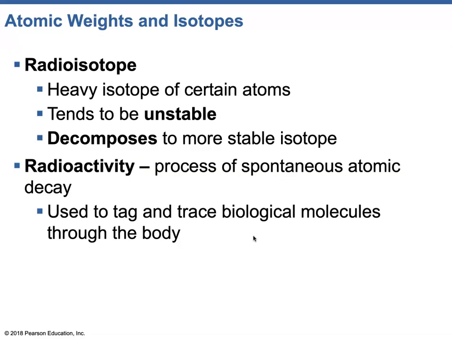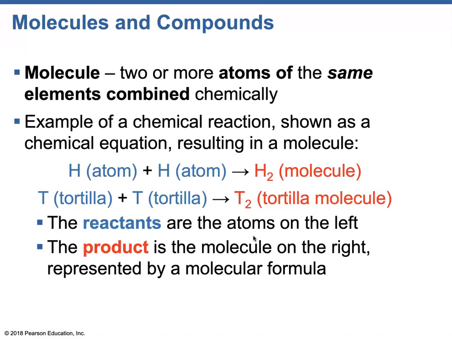So that's pretty much all I'm going to talk about with radiation and radioactivity. But with radioisotopes, I just want you to remember that they're radioactive because they're in this continuous state of decomposition. Some of them are a lot stronger than others, and some of them are not going to be as toxic or decay as rapidly.